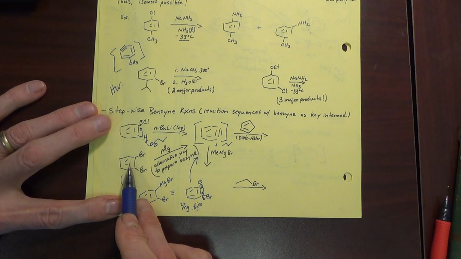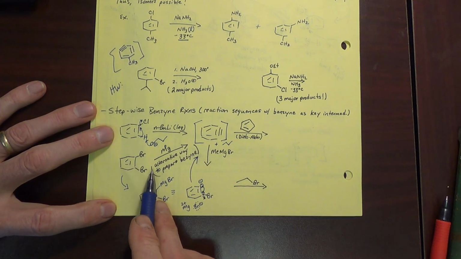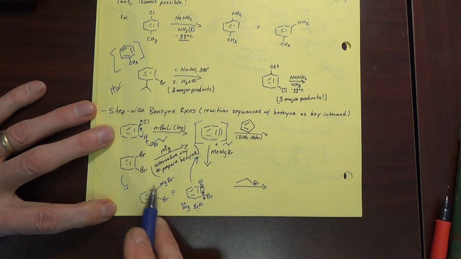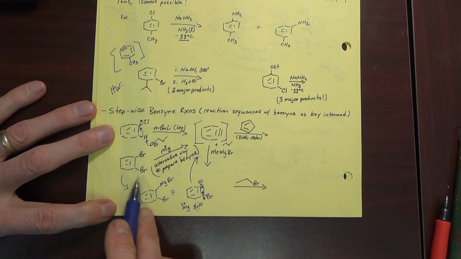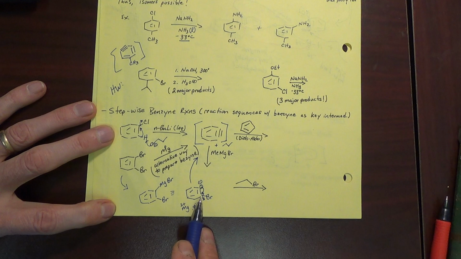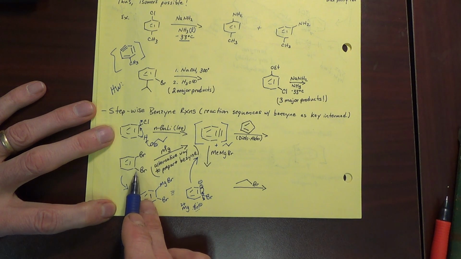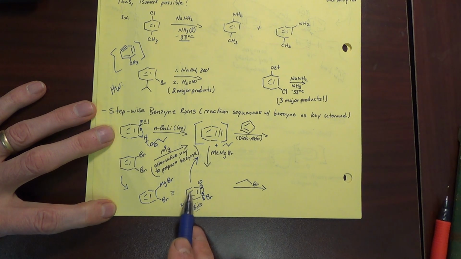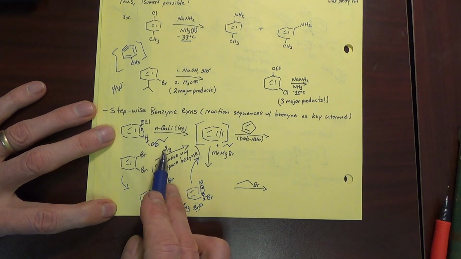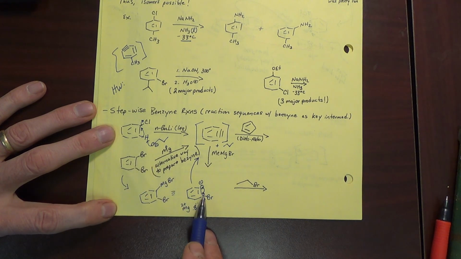And this is actually a fairly common way to make benzynes. It's actually pretty creative and ingenious. And hopefully you see that the chemistry is fairly straightforward. So we didn't use a base to get to this point here. We used an oxidative addition of the magnesium to get to this point.